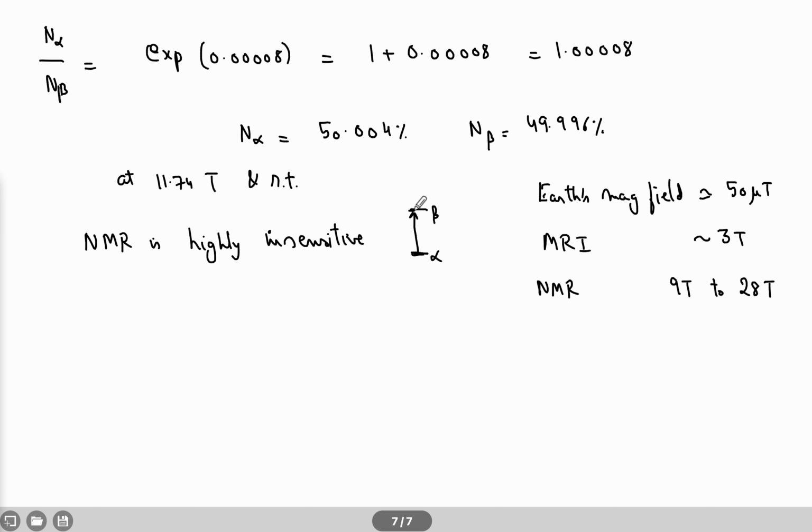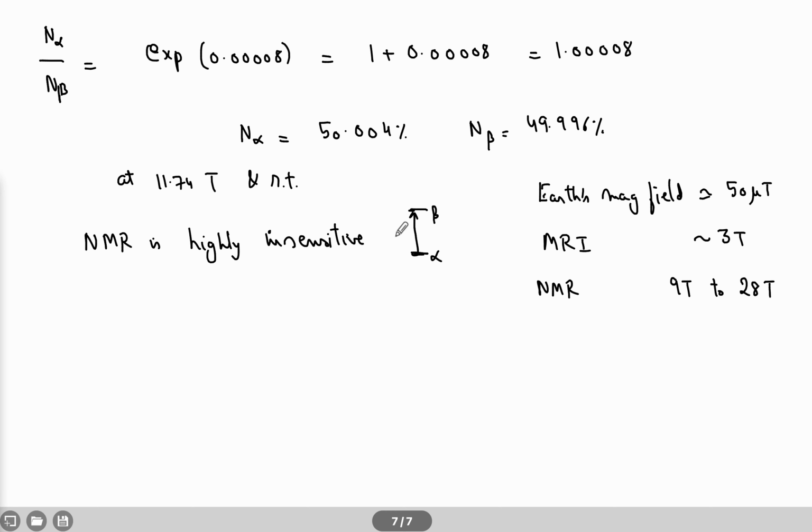Okay, this is done by the electronics in the instrument, and we are able to see it, but having said that, the technique is very, very insensitive, and you need a large amount of sample so that there is appreciable excess concentration in the alpha state as compared to the beta state.